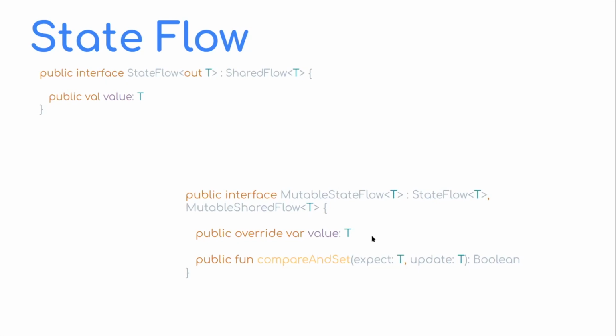So we have StateFlow and a MutableStateFlow. MutableStateFlow can change and get different data, as compared to a StateFlow that only emits data.